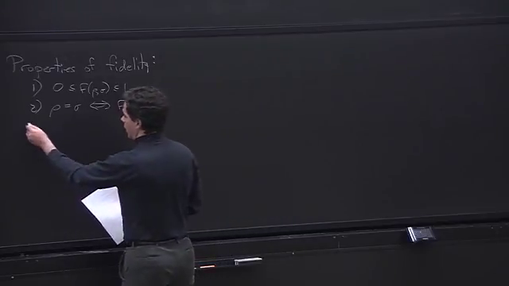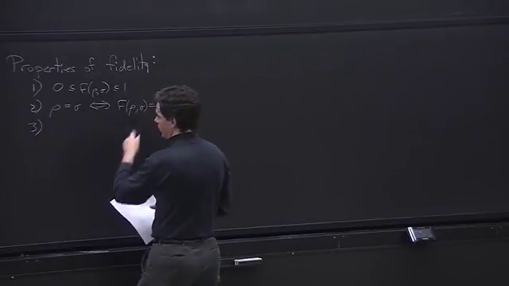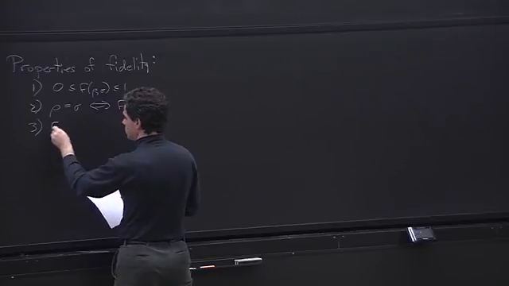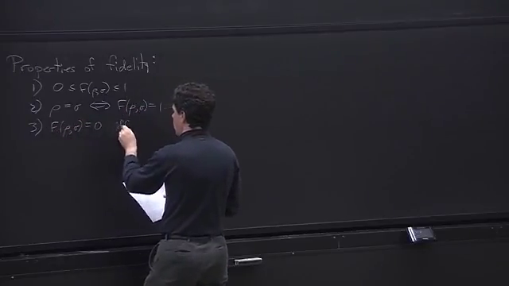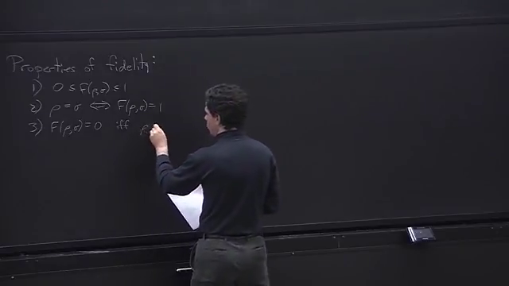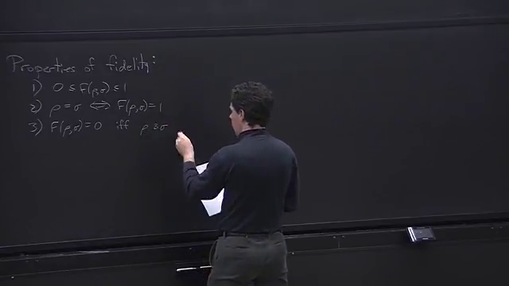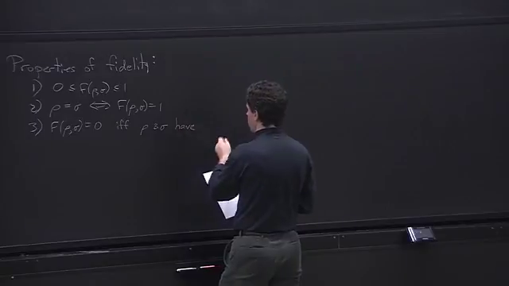And then on the other end, when the fidelity is 0, that's true if and only if rho and sigma have support on orthogonal subspaces.